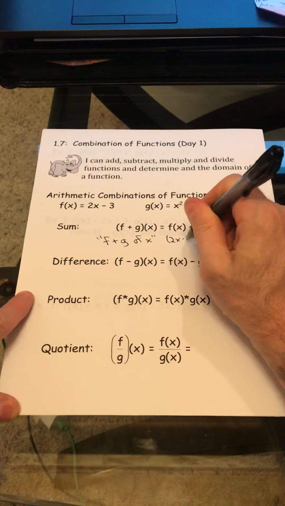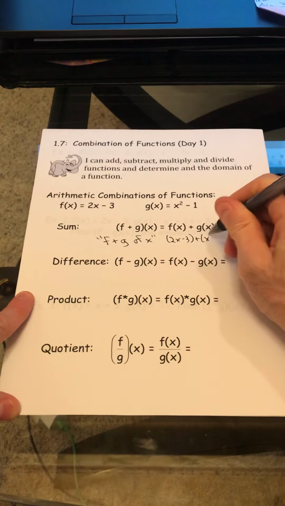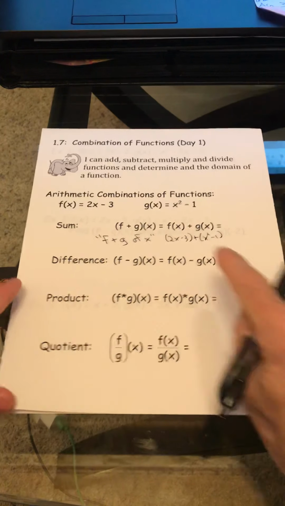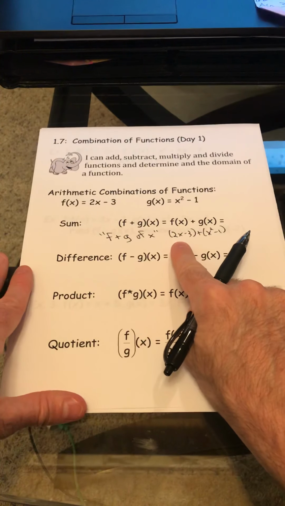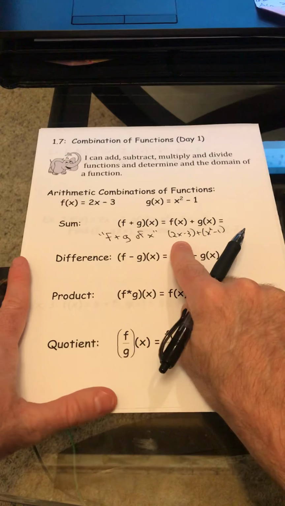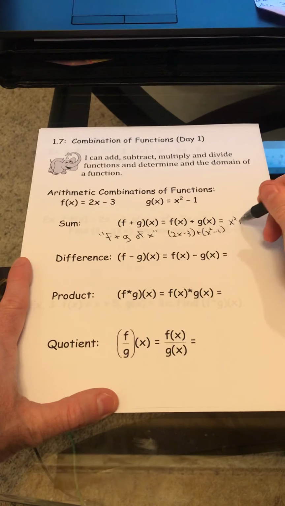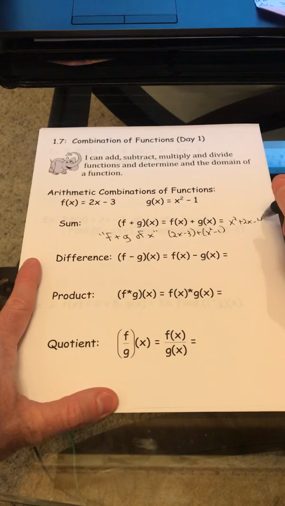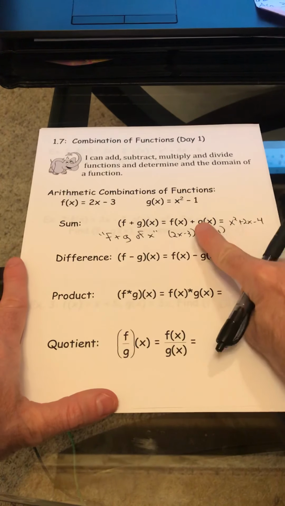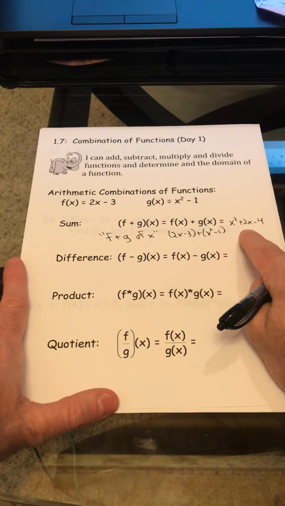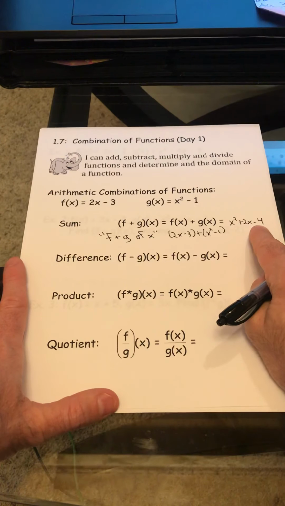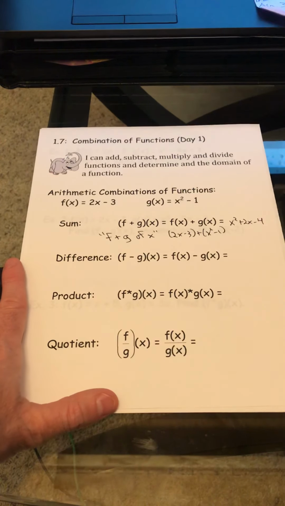Even though I realize for the addition we don't necessarily need parentheses, I am going to do that just to differentiate the two. And then you combine like terms. So equals x squared plus 2x minus 4. With these, when you're just adding or subtracting, don't worry about trying to factor. There won't be any gain by factoring. You're not being asked to solve here.